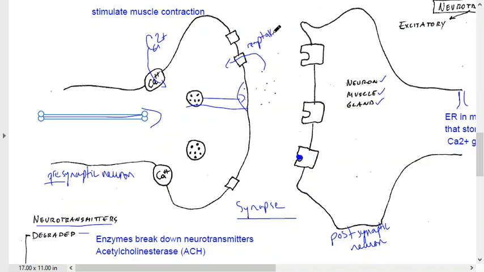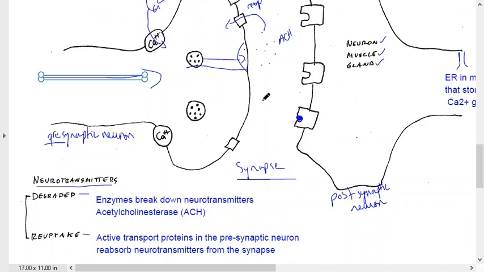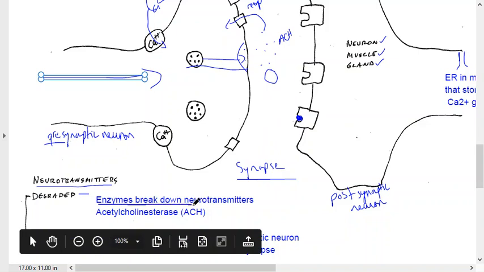So actually, we'll cover reuptaking first. That can reuptake full molecules of ACH and just reuse them, right? Another thing that cells can do is degrade them and then reuptake them. So let's just say here is, I'm going to make the little dot bigger. So here's acetylcholine. There are enzymes that break down these neurotransmitters. So here's acetylcholinesterase.